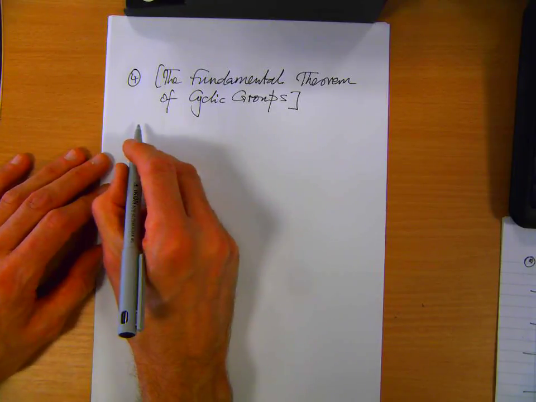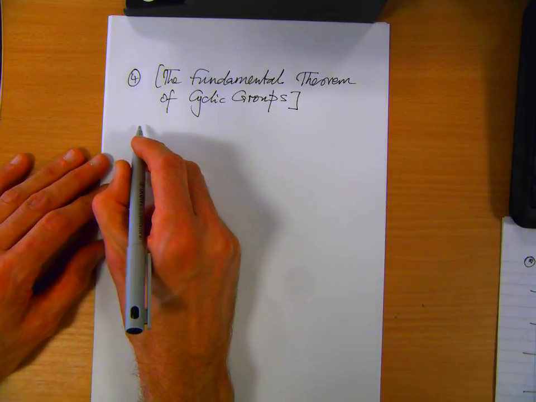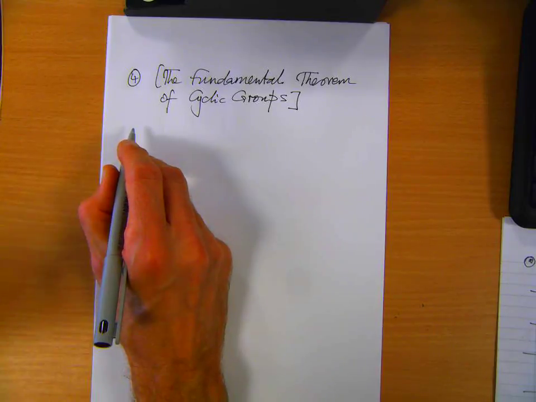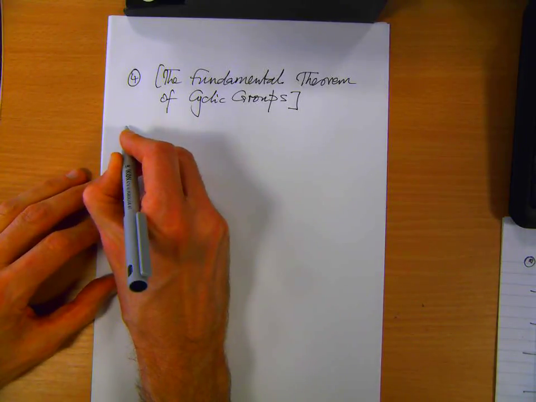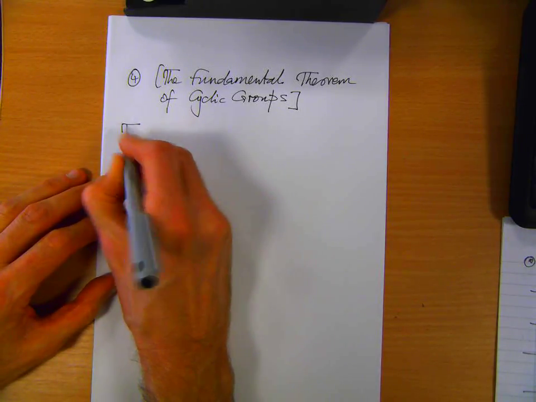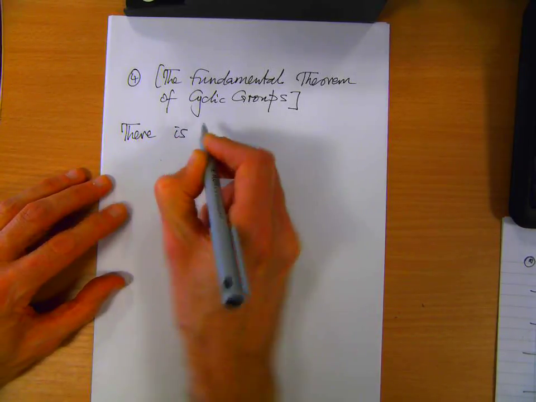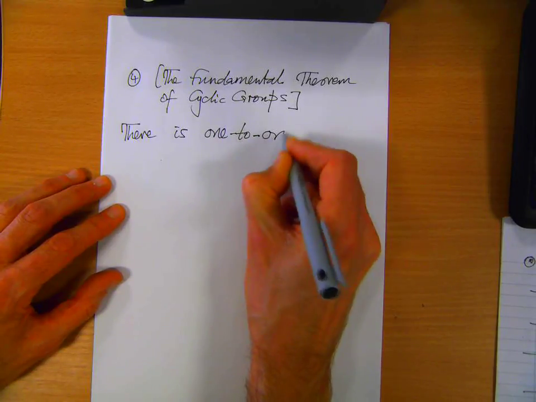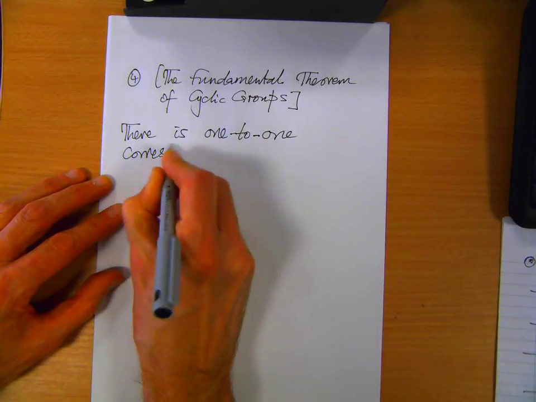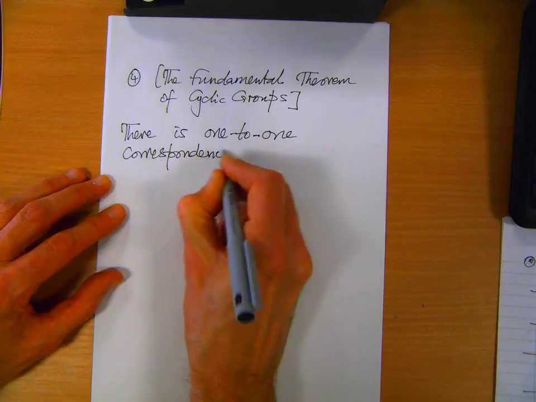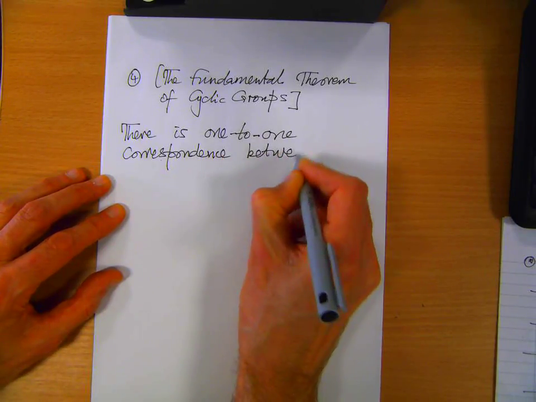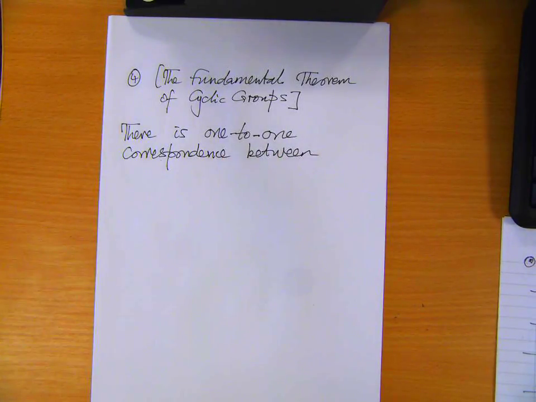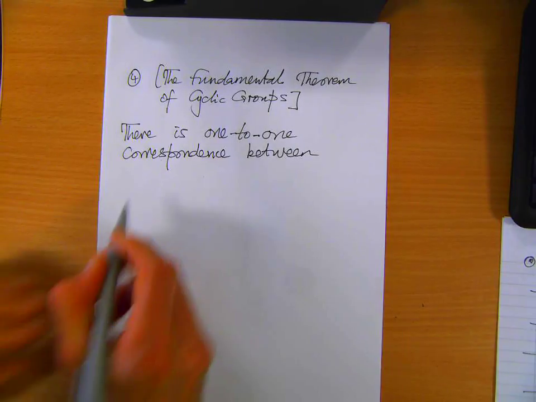I'll state it in words and then I'll write down the statement slightly more mathematically. What it turns out is that there's a one-to-one correspondence between, well, we're interested in subgroups of a finite cyclic group, and all you need to look at, as I said a few minutes ago, are the divisors of n.